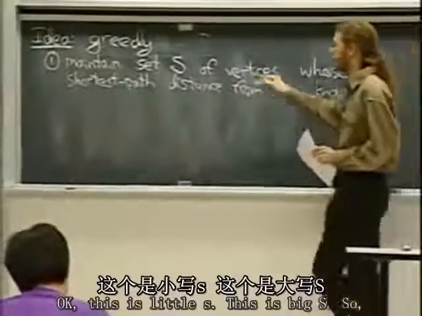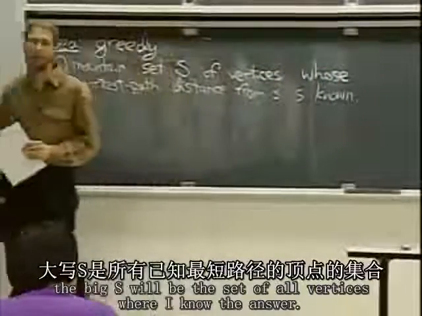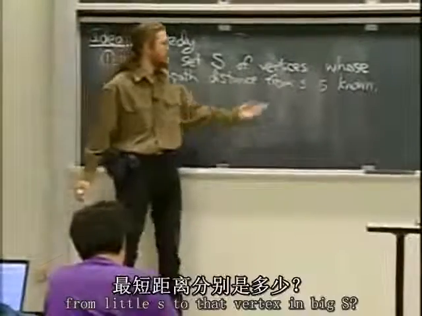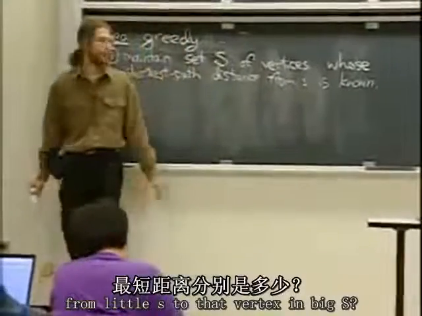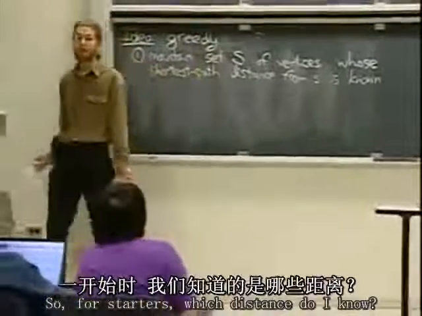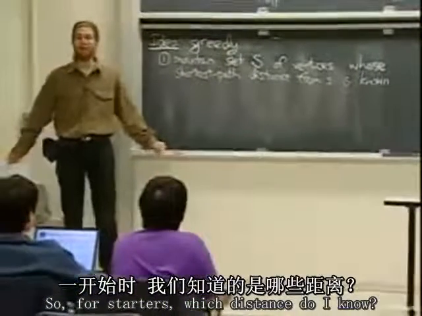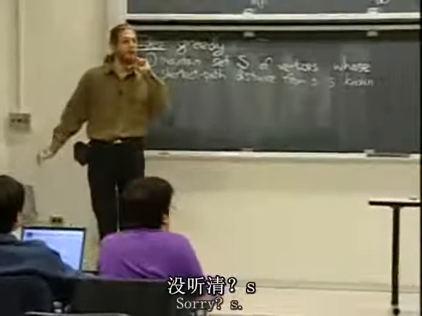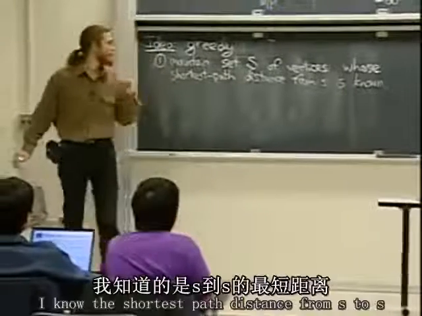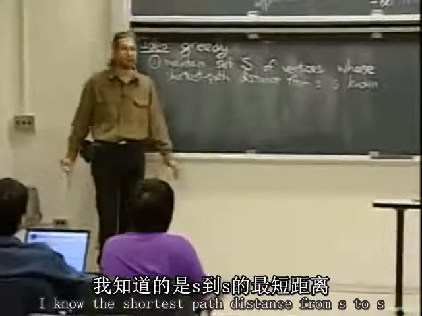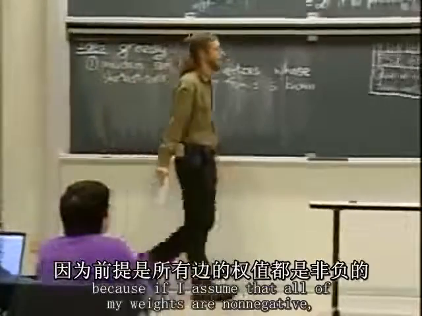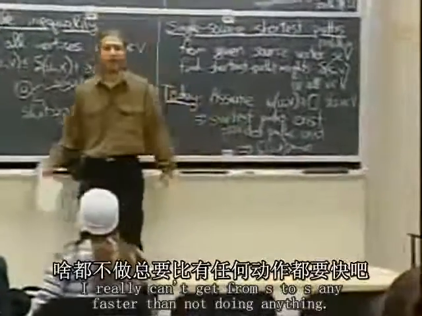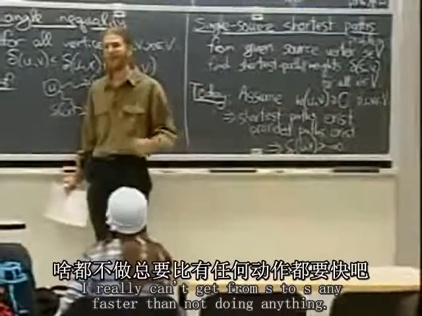This is little s, this is big S. So big S will be the set of all the vertices where I know the answer. What is the shortest path distance from little s to that vertex in big S? So for starters, which distance do I know? Yeah, I know the shortest path distance from S to S because if I assume that all of my weights are non-negative, I really can't get from S to S any faster than not doing anything.